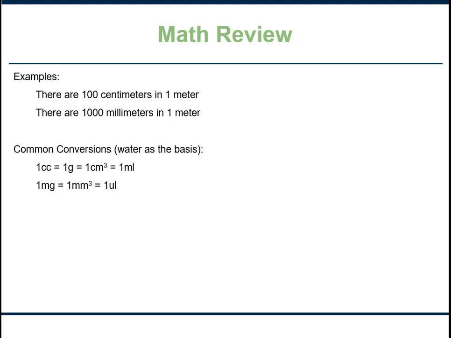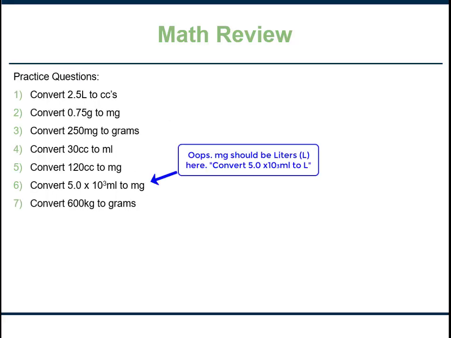All right, so one of the primary ways that we use math in the beginning is to do conversions. And so here are some practice questions. What I want you to do is pause the video here and write these down and just practice doing your math conversions.